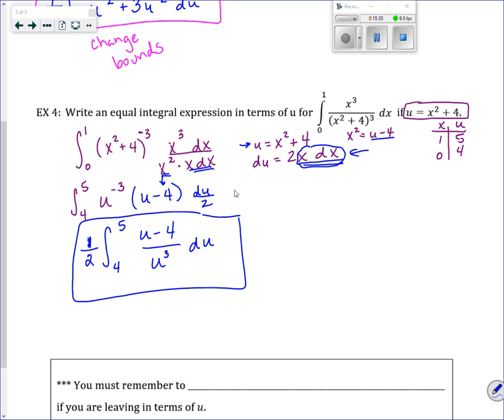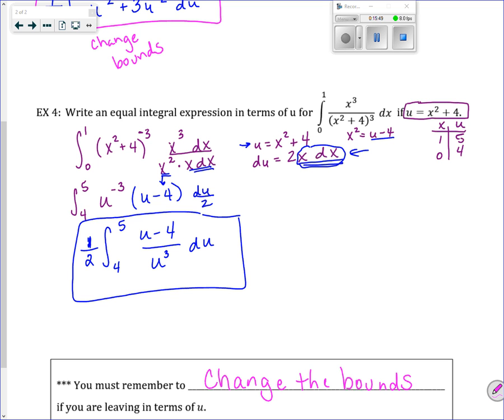So, what must you remember? If you're leaving it in terms of u, you must remember to change the bounds. Did I write that big enough? And here's what I want you to see. Again, I don't want this to confuse you, but I want to show you, because honestly, I might have done this on my worksheet. I'm not sure when I wrote these answers.